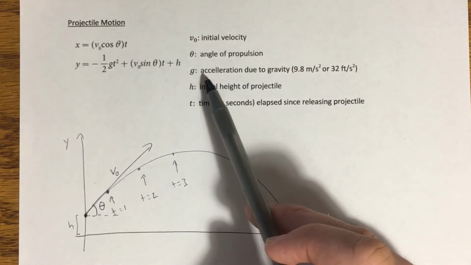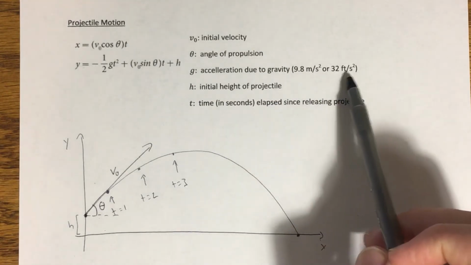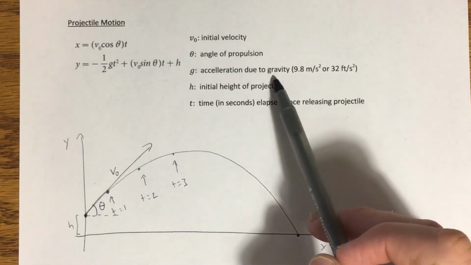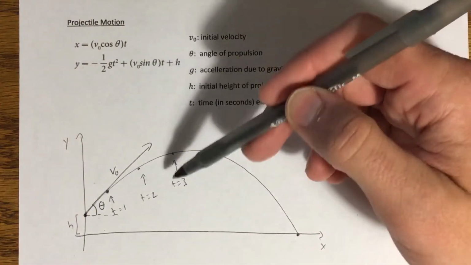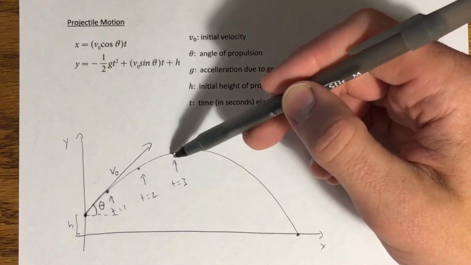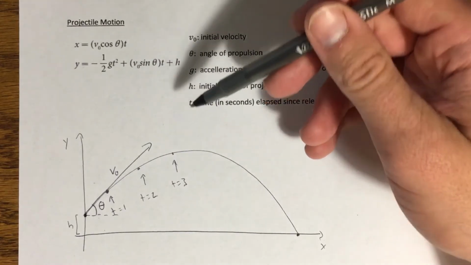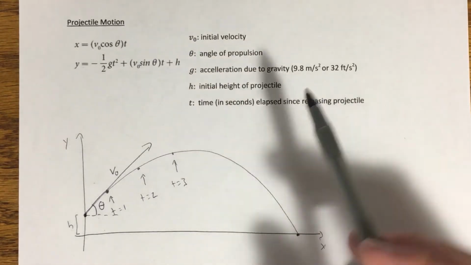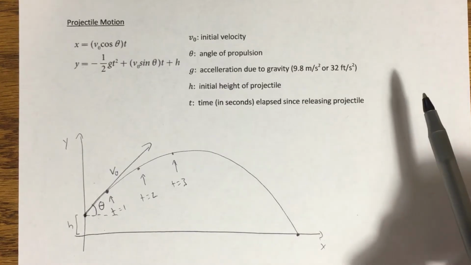If you're using imperial units, feet and miles and things like that, it's 32 feet per second squared. And this is the force due to gravity acting downward on this projectile, which causes it to accelerate toward the ground. And that acceleration is a constant, which is given by either one of these.